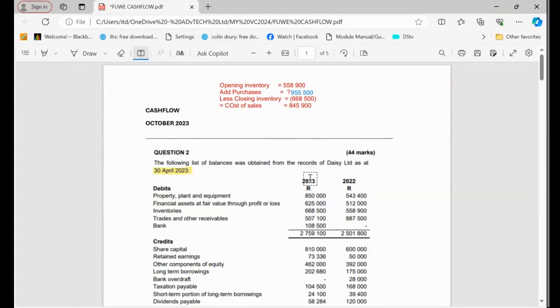That's 845,900. Do you get it? Yes, I get it. When I put it on the formula, you won't be surprised, so you will understand why.